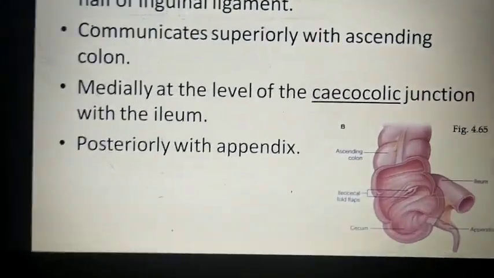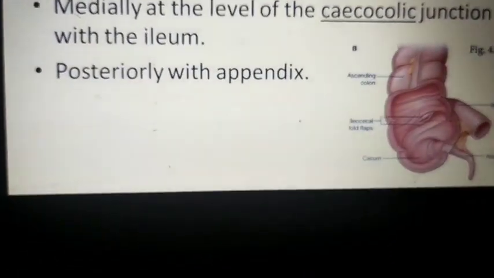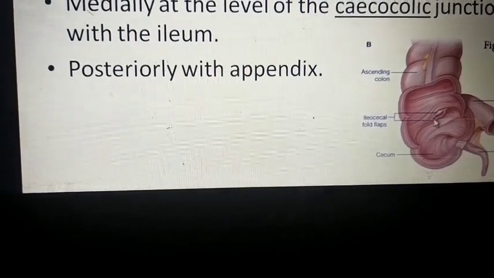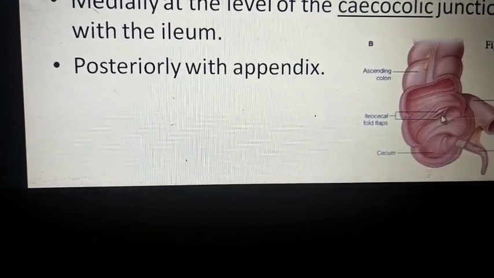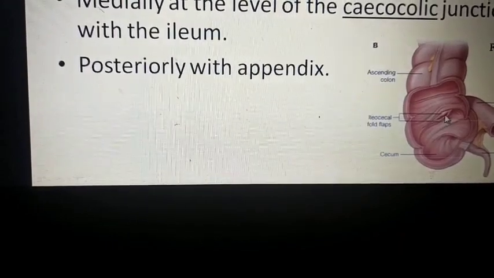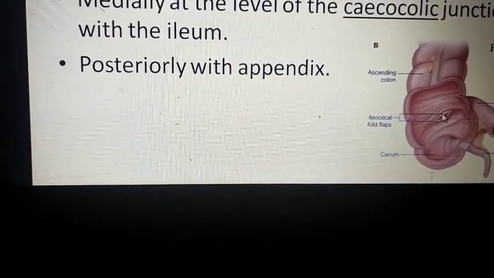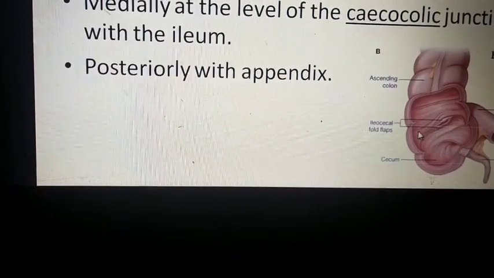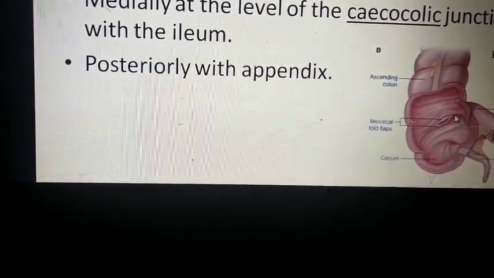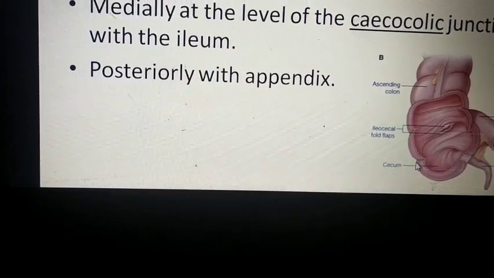You can see here in this picture the ileocecal valve. This valve has two lips; below the lower lip it forms the ileocecal junction, and the upper lip forms the cecocolic junction. These two are the frenula, or folds.